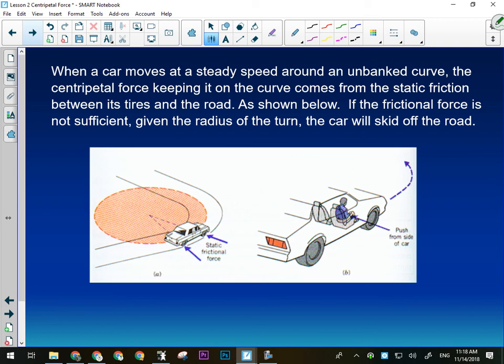Kinetic. Now, also the key with drifting is that I can't take the corner by steering my car around the corner. I have to change the angle at which my car is traveling because I need the back wheels to do what? I need them not only to slide, but I need them to spin and provide a force that is at least directed somewhat towards the center of the circle.